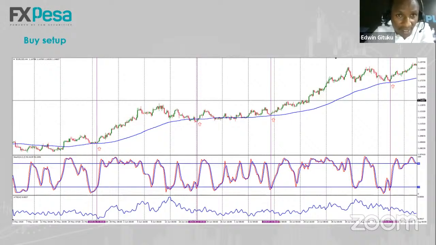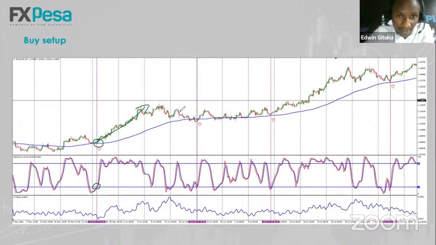From what you can see on the chart, these are scenarios where you may get into the trade and have price shooting upwards. So you're continuing with the prevailing trend.